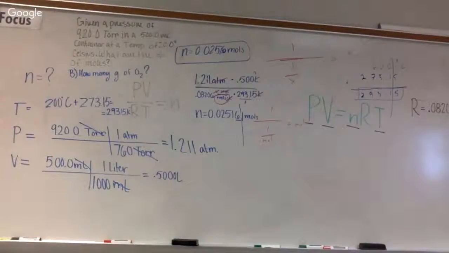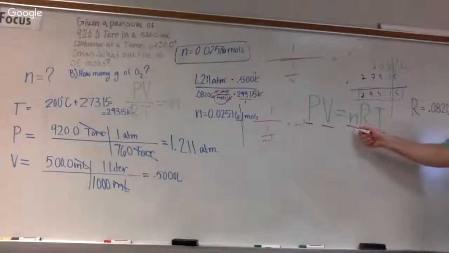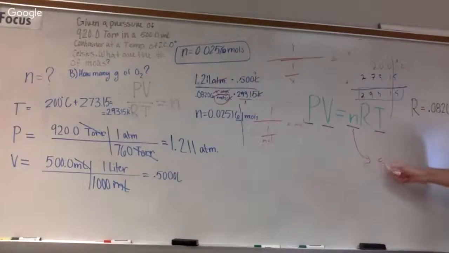No. What's the closest thing we have to grams? Moles. So if they asked us to solve for grams, wouldn't that be the same as asking you to solve first for moles and then convert from moles to grams?